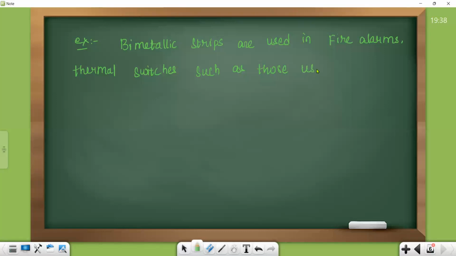Now what are thermal switches? The switches.